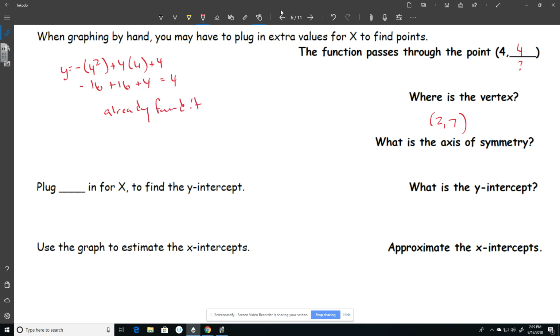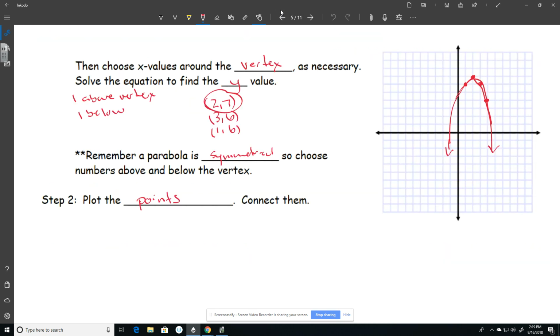Okay, what is the axis of symmetry? If I look at my picture, where does it look like it's being reflected? Is it being reflected up and down or left and right? And clearly, it's being reflected left and right this way. So it's being reflected over this line that goes up and down.